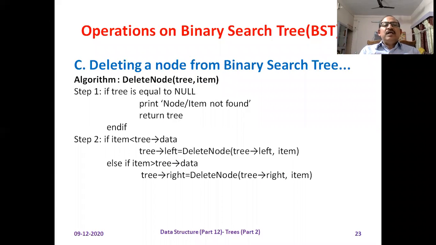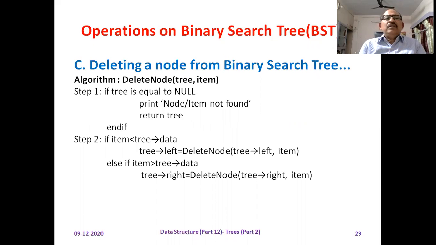Here you can see this is the algorithm delete node with parameters tree and item. If tree is equal to null, item not found, we simply give a message item not found and return tree. If item is less than tree data, what will we do?